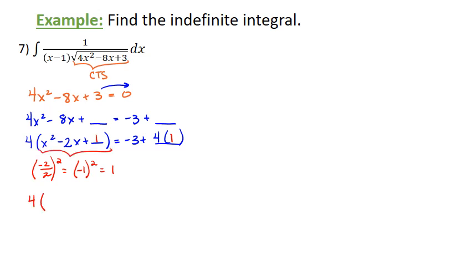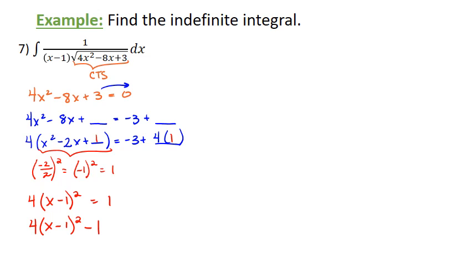When I factor that, it becomes x minus 1 quantity squared is equal to, this becomes 1. I can then subtract 1. So I have 4 times the quantity x minus 1 squared minus 1.